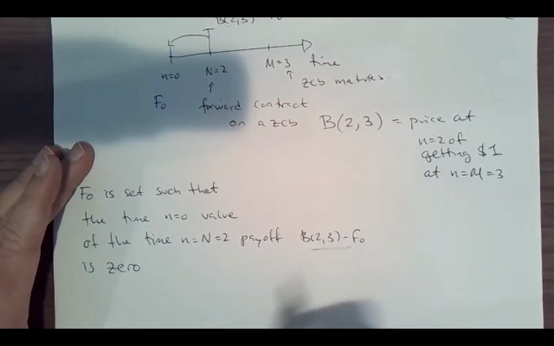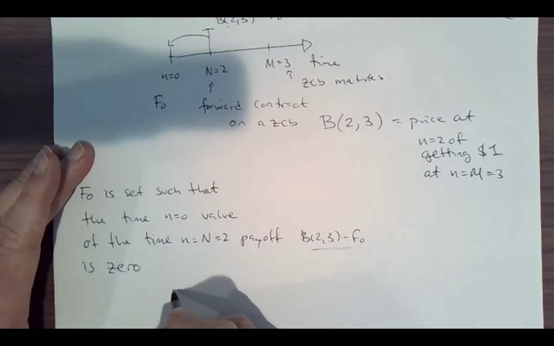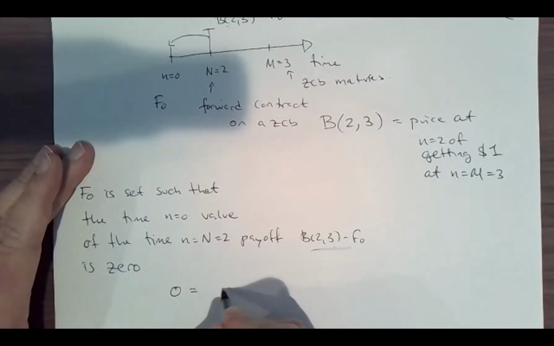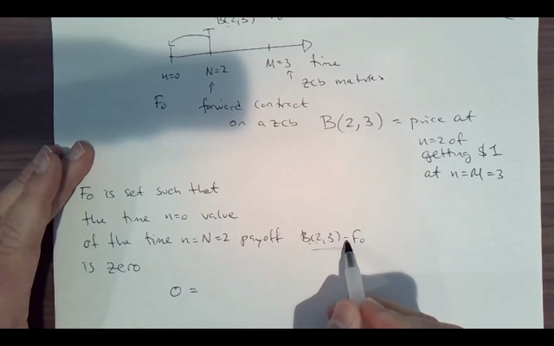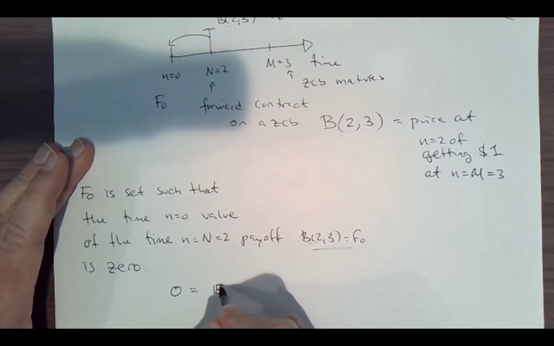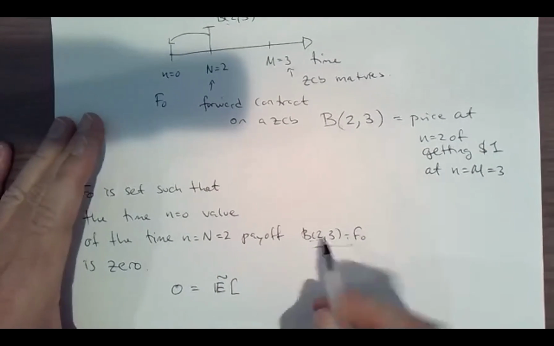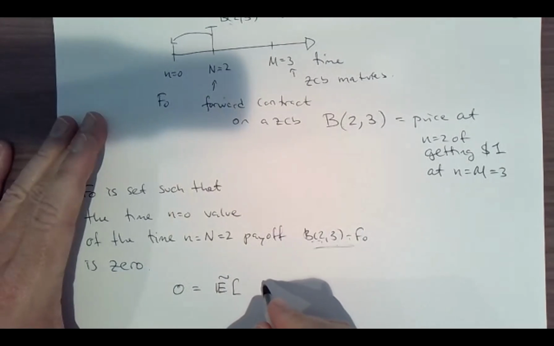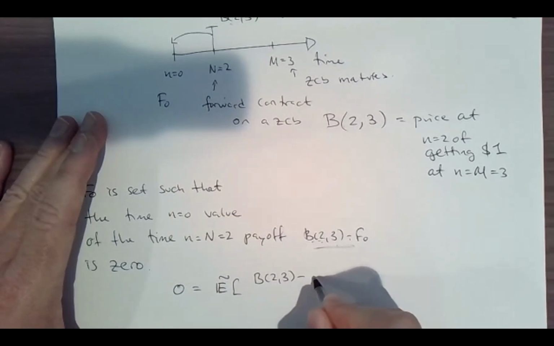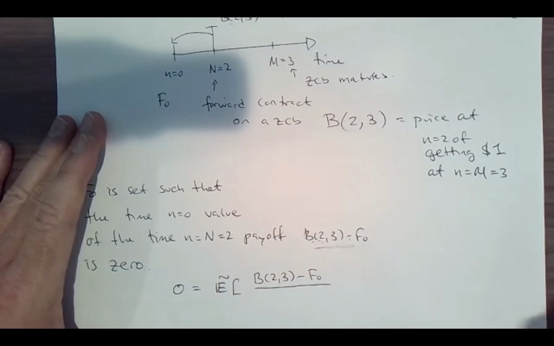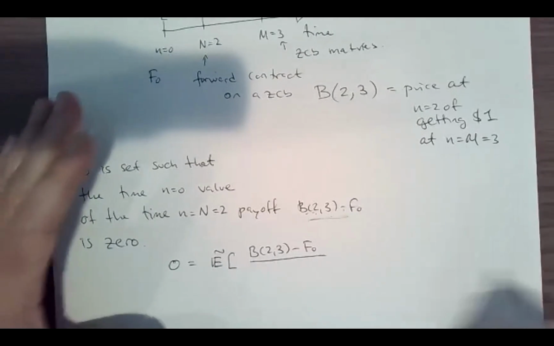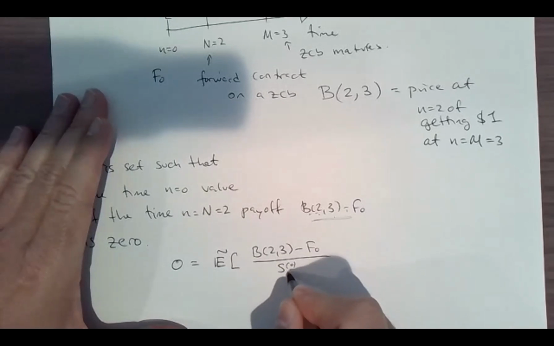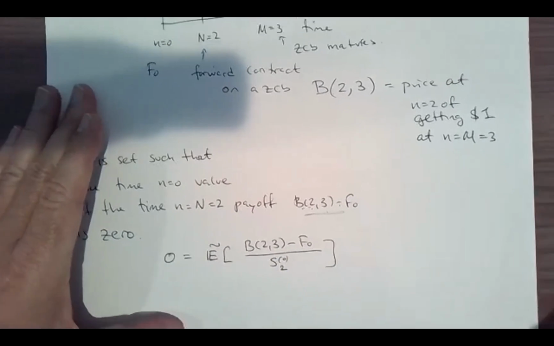So what's the value of getting this? We need 0, and then we need to roll this back. So we need the conditional expectation. We get it at time 2, so we need to roll it back 2 periods.